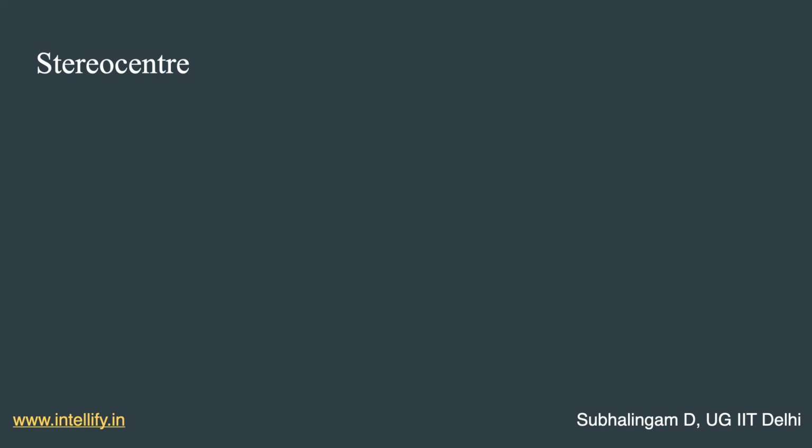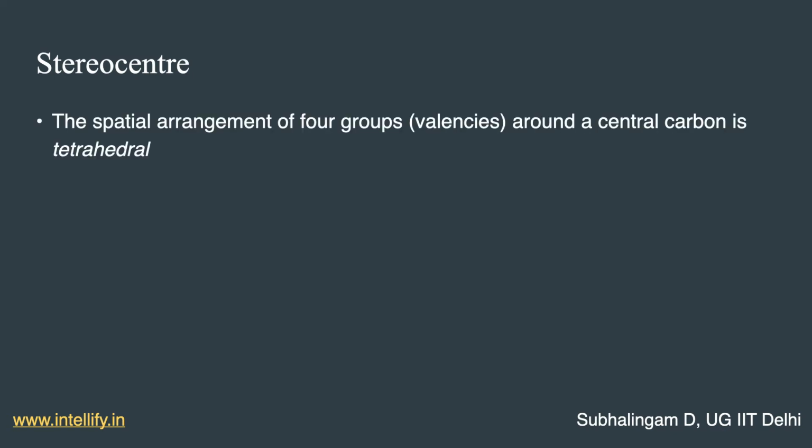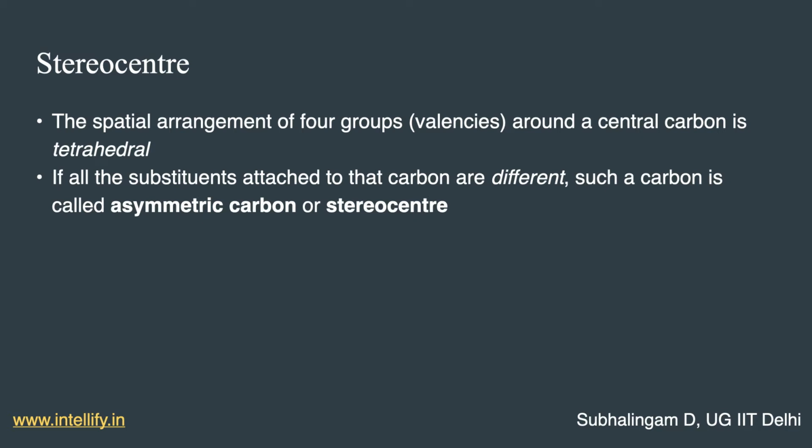So what's a stereocenter? It's a new term. Let's look at it. The spatial arrangement of four groups around a central carbon is tetrahedral. We all know this; we have learned this in class 9th, I suppose. And if all the substituents attached to that carbon are different, such a carbon is called an asymmetric carbon or stereocenter.